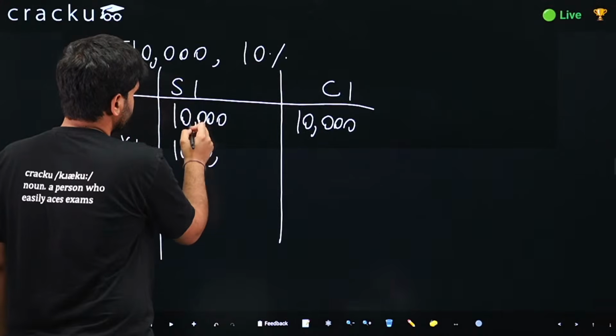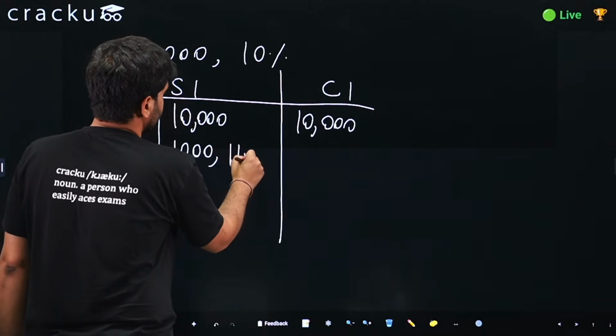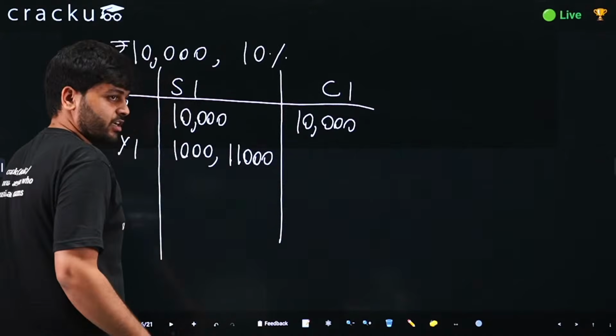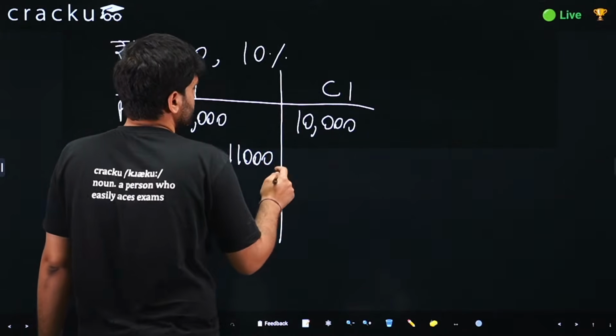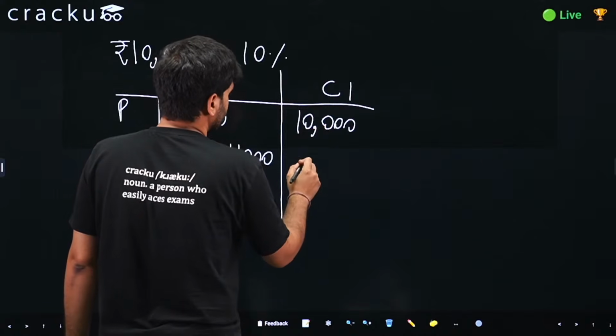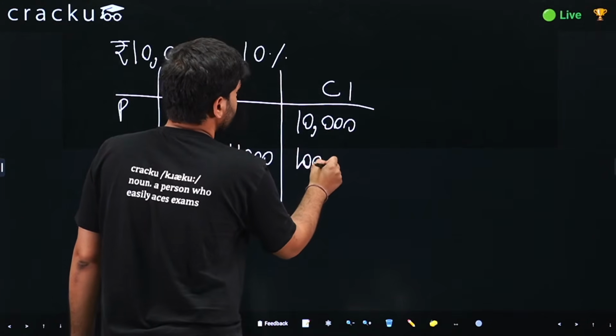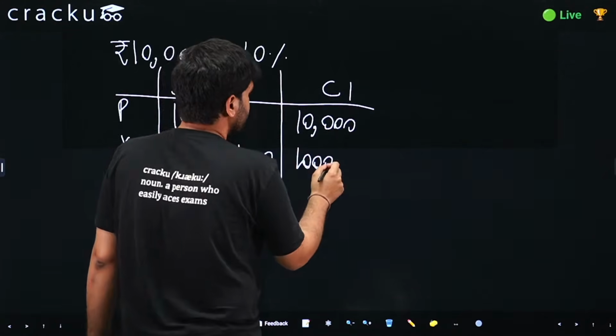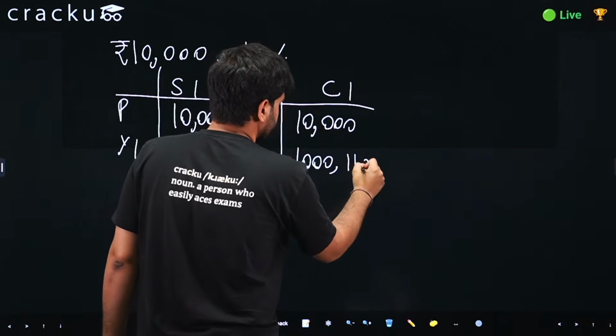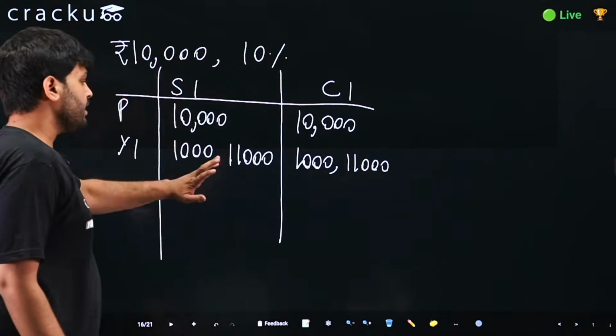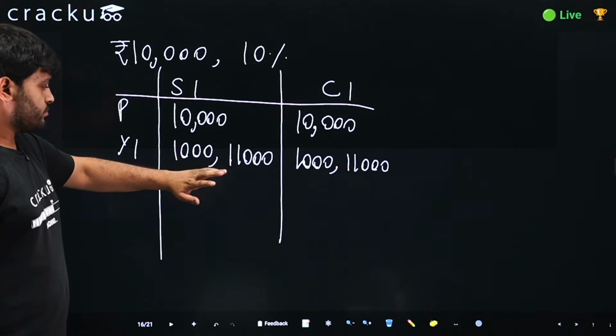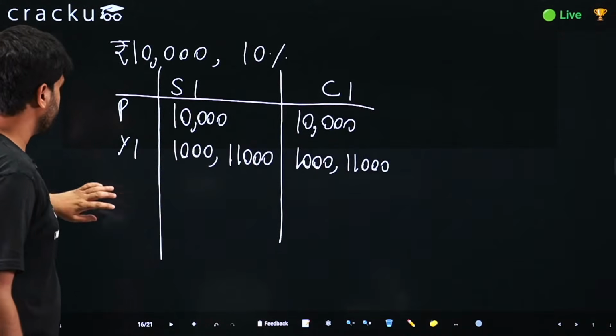So it would be 10,000 plus 1,000, 11,000. For compound interest as well, the interest would be 10% for the first year, which is 1,000, and the amount would be 11,000. Till now, everything is the same for both types of interest.